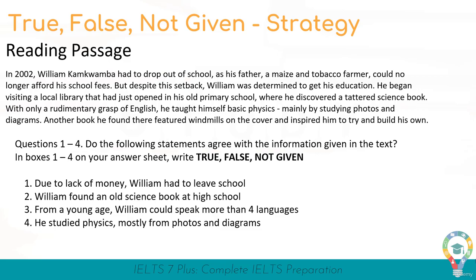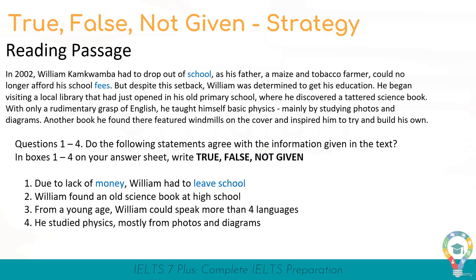Okay, let's take a look at the first statement. Now, as I said before, it's very important to underline key information in the statement and passage. So for number 1, I've underlined money and leave school. I could have also underlined William, but the name is repeated often throughout the text.